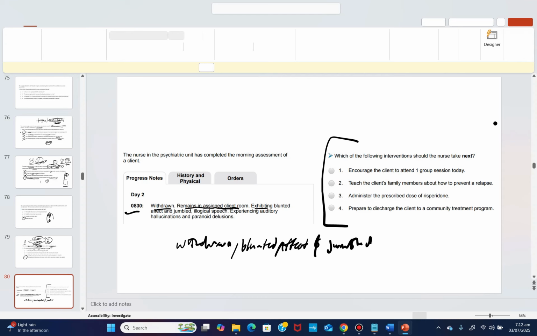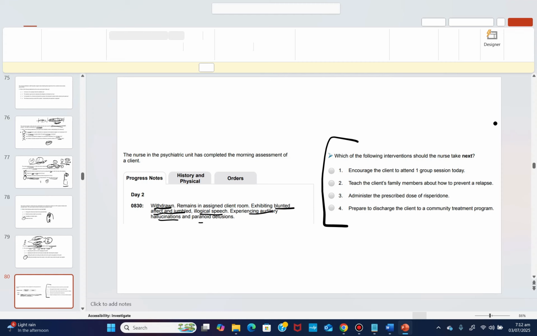I don't even need to write it because I have the rest of the question in another tab. But you can see withdrawn right here, blunted affect, jumbled, illogical speech. These are wrong things I need to pay attention to. Experiencing auditory hallucination, paranoid delusion. They are very important. Now let us see history.